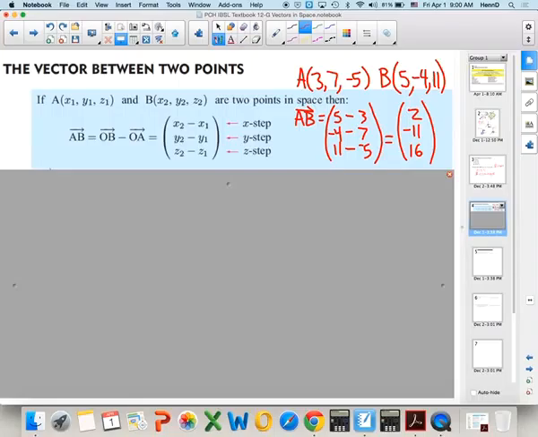Okay? Again, you can use logic here. To go from 3 to 5, I have to go a positive 2 in my x's. On my y's, to go from 7 all the way down to -4, I've got to go a negative 11. On my z's, to go from -5 all the way up to 11, I've got to go a positive 16. So whether you're thinking of it logically or using the formula, you get the same results here. Okay?